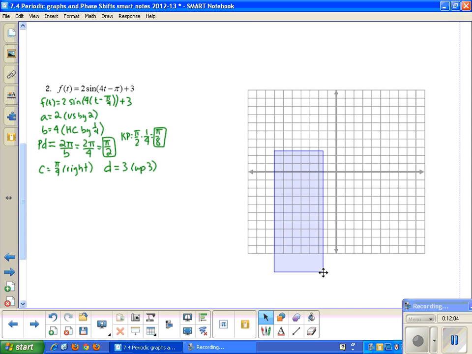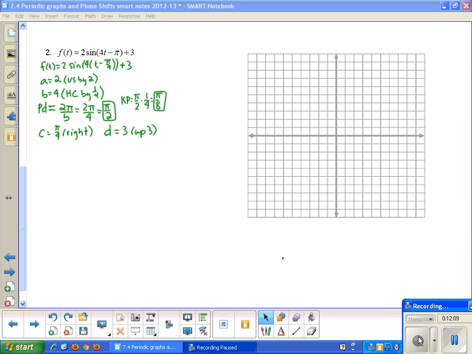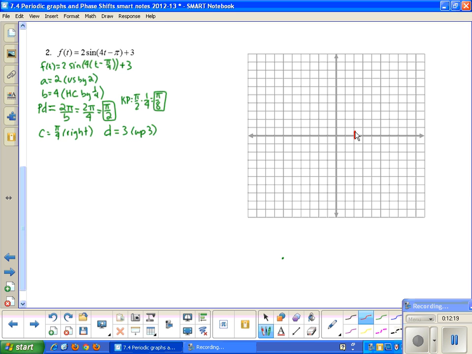So I'm going to do this one a little bit different this time. I'm going to do the key points in my graph first before I make a table. So for this, I know that my key points are going by pi over 8, because that's what we wrote down. So right here would be pi over 8. The next one would be 2 pi over 8, which is just pi over 4.